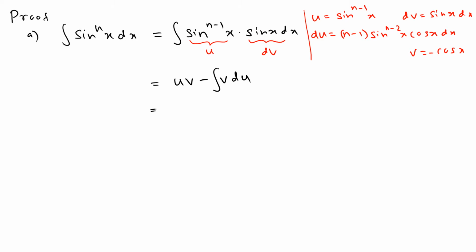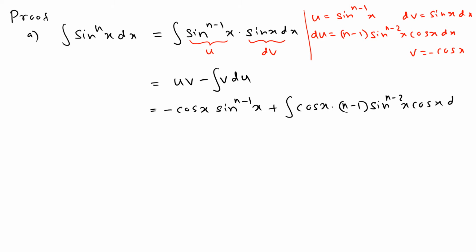So uv: we have u and v, so you get negative cosine x, that's the v, and then we write the u, which is sine^(n-1) x. Then there's a negative sign and v has a negative sign, so it becomes plus, and then v, which is cosine x, we put the negative sign outside, and du means (n-1) sine^(n-2) x cosine x dx.